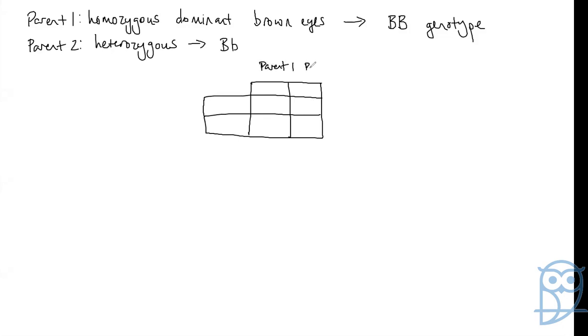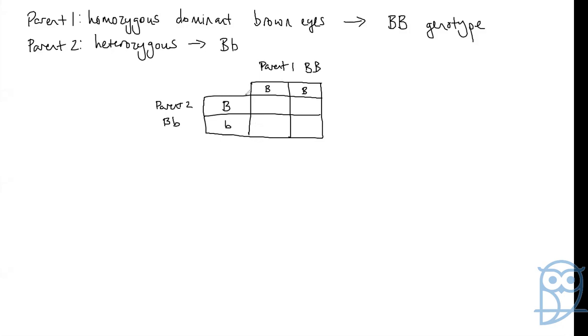Parent 1 is BB. So their possible gametes are capital B, capital B. It's the same thing. Parent 2 is heterozygous. So here a possible gamete would be a dominant and the other possible gamete would be a recessive.